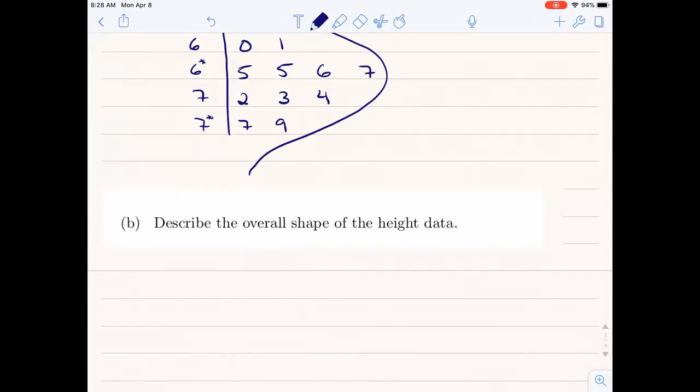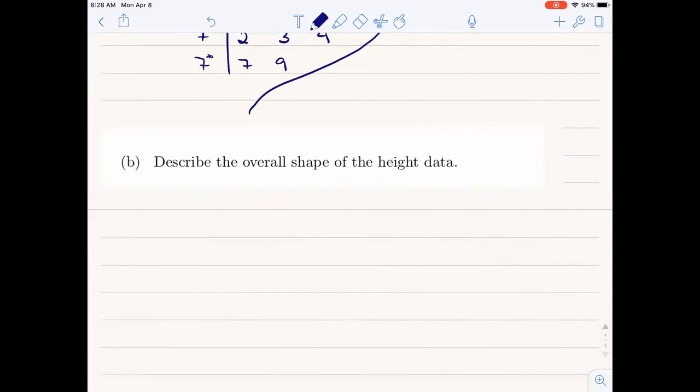Describe the overall shape of the height data. Approximately normal.